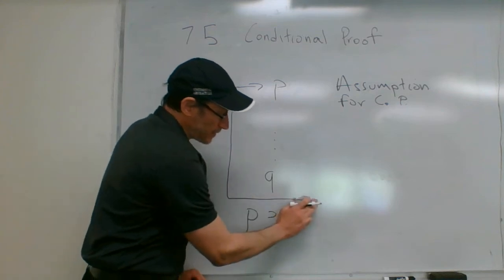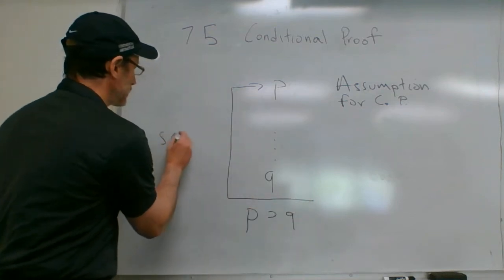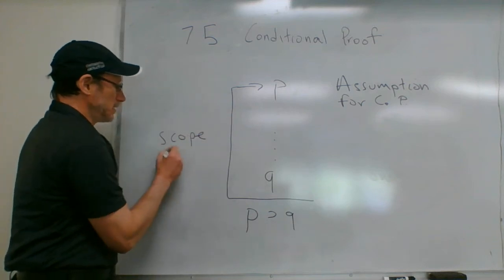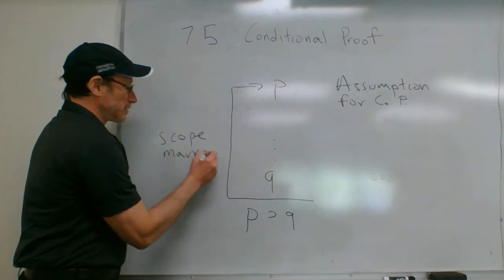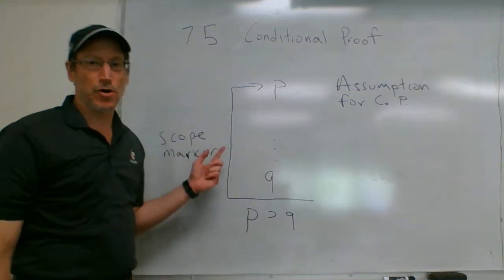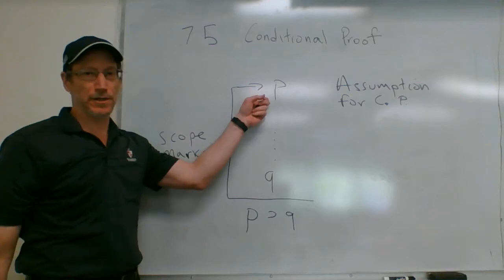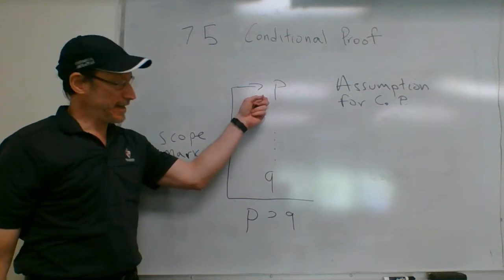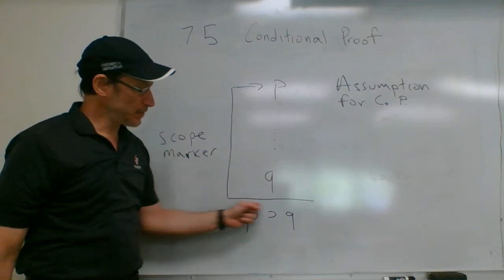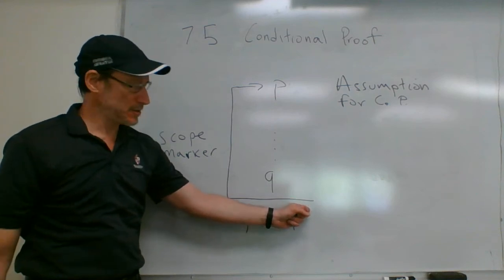I then cut off what's called the scope marker. And the reason it's called a scope marker is because it shows the scope or the range of the assumption that we started with. And this line over here represents the end point of that assumption.